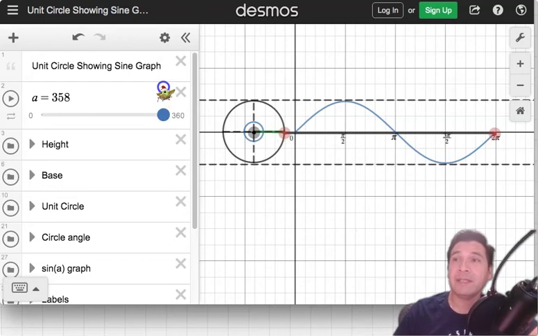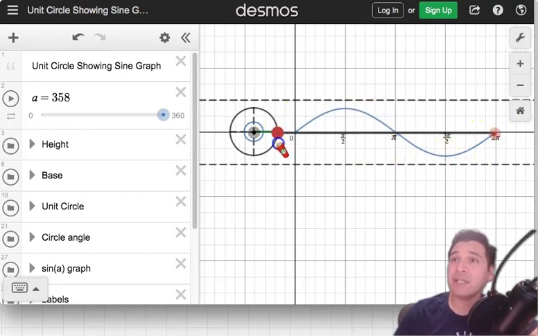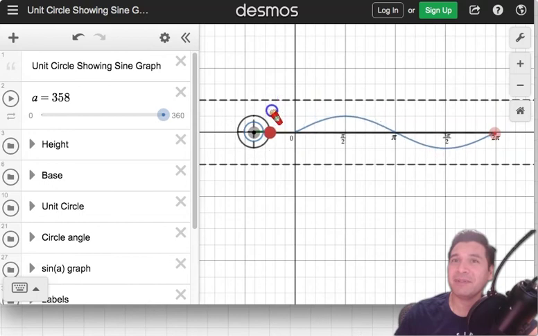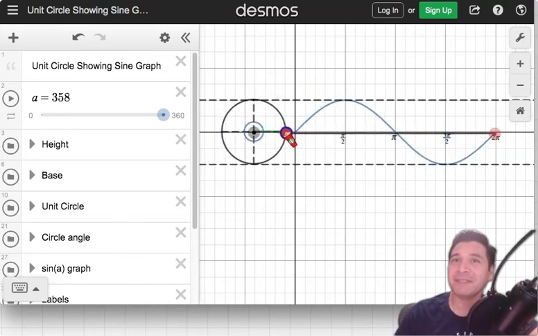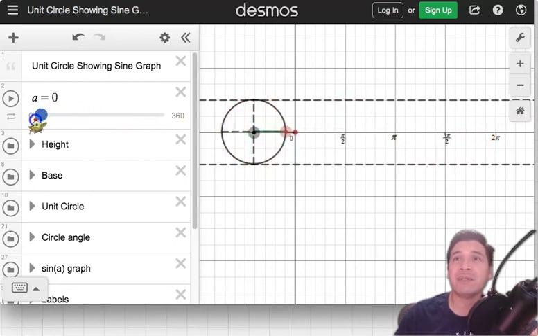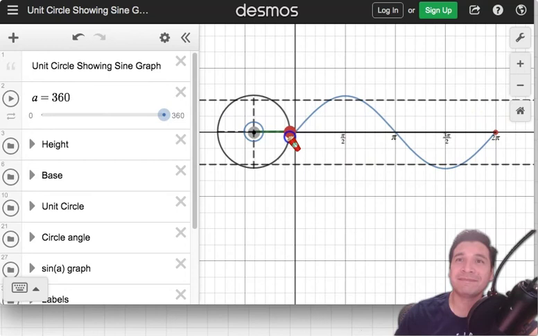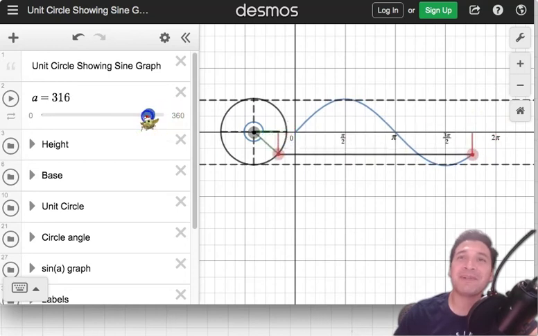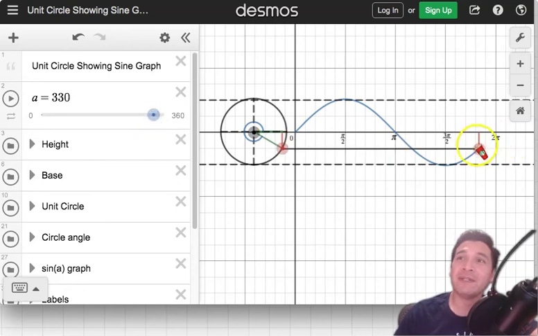All right. Now, imagine if this were 0 instead, and we were getting the negative angles. If I was going backwards, we can see that as we rotate clockwise, the graph is going this way.